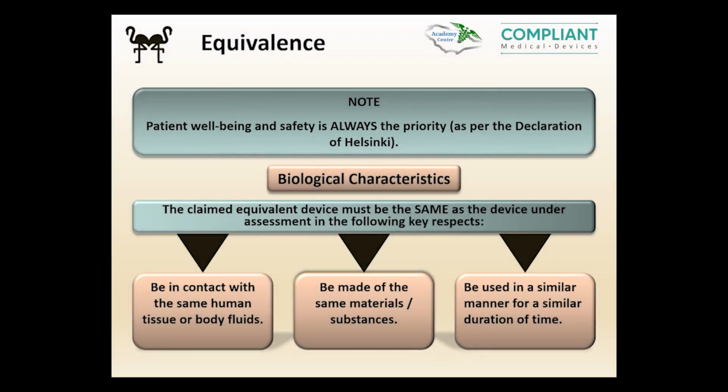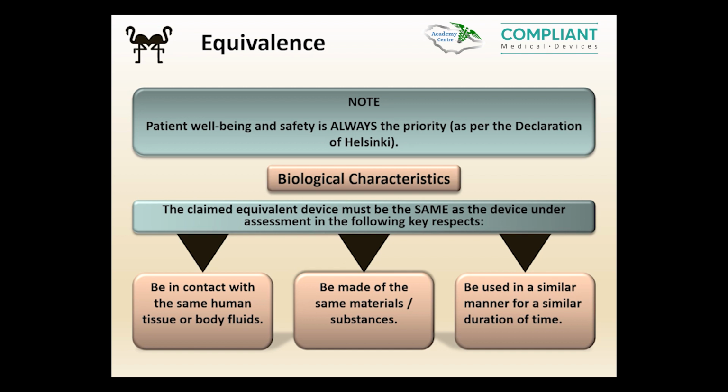Clinical data via the equivalence route offers one way of gathering valid clinical data from an equivalent device on which to base our clinical evaluation. There are, however, a number of provisos to taking the clinical equivalence route. Most importantly, the two devices must be very closely matched in certain respects.